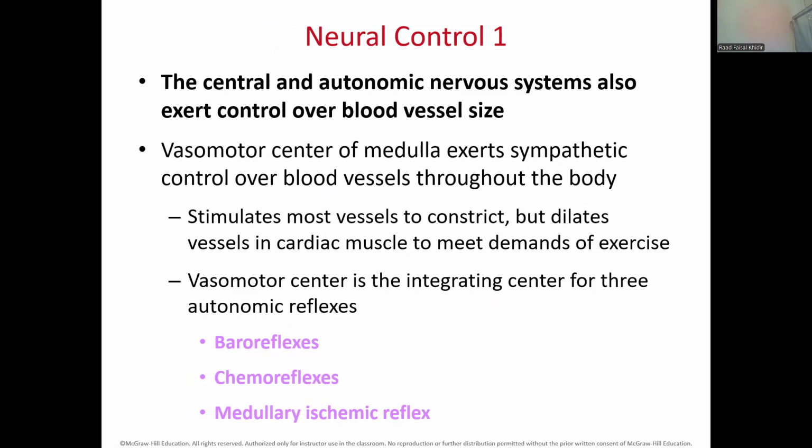When the brain itself doesn't have sufficient oxygen to operate, that one is going to kick in. The medullary ischemic reflex is going to shunt blood to itself to nourish the brain itself.